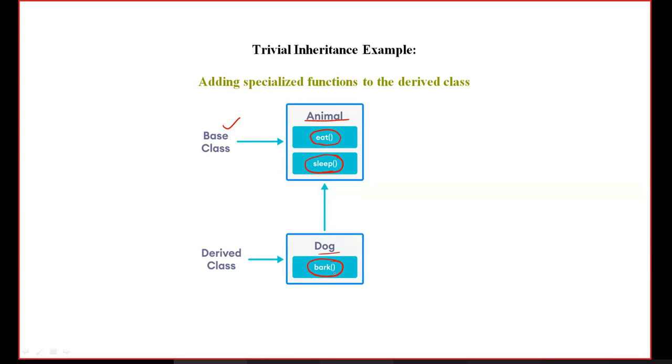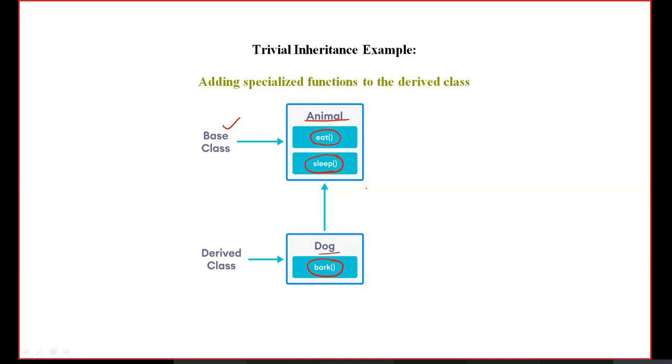So the thing that we want to understand over here is every derived class will have its own data members apart from the inherited ones, and it can have some specialized functions which are not part of its base class.